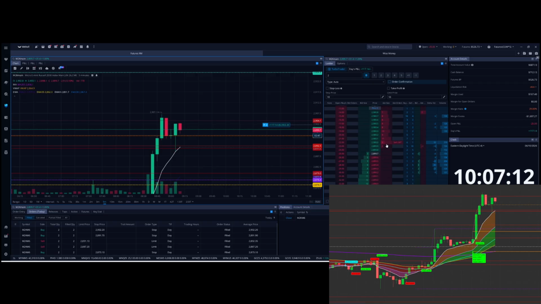That's what I get for getting in early. I should have just waited for it to close above like I said I was. This could be some sideways chop action in between these levels.